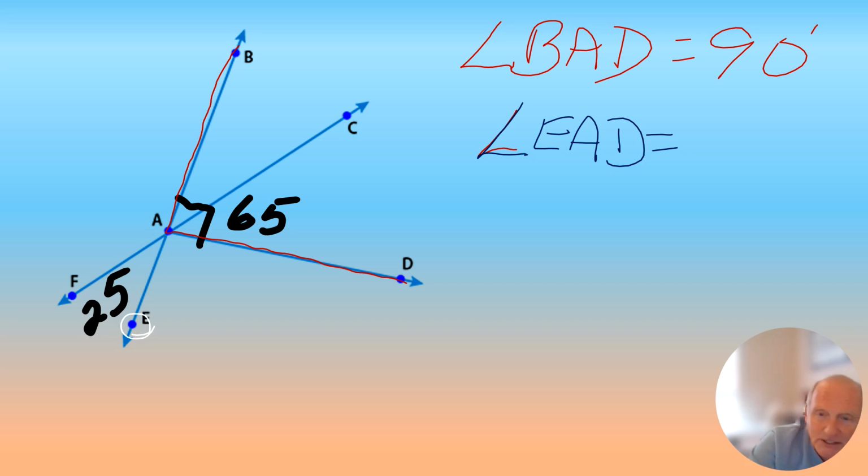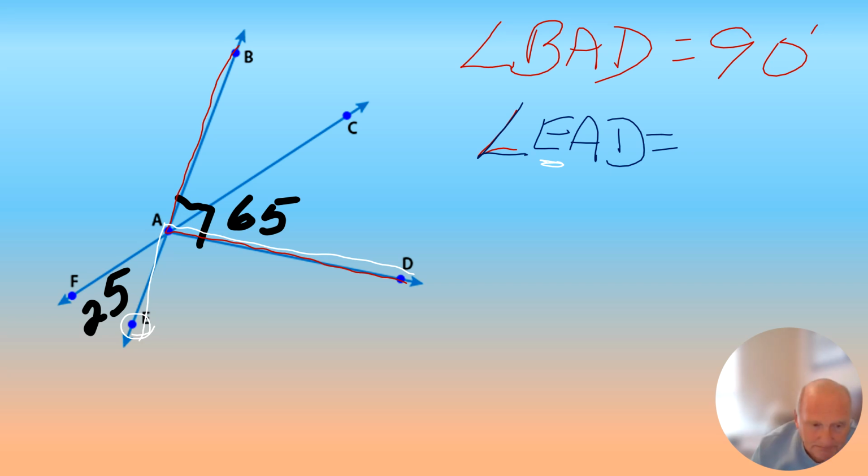Start with E, go to the vertex of A, and then out to D. Remember, we can't call this angle A, because A is the vertex of all 5 angles. We have to be able to break it down into EAD or DAE. But let's go with EAD.